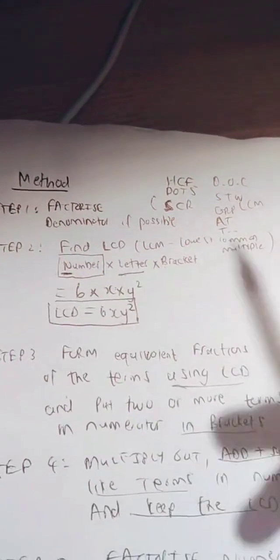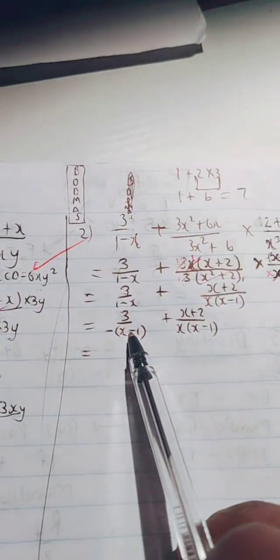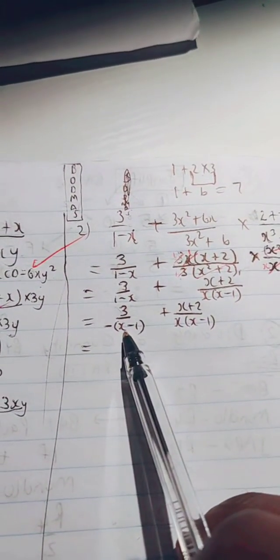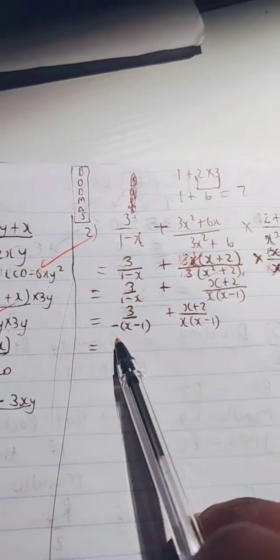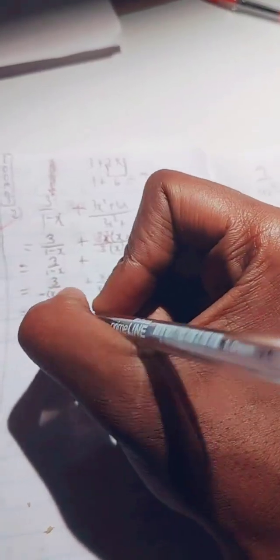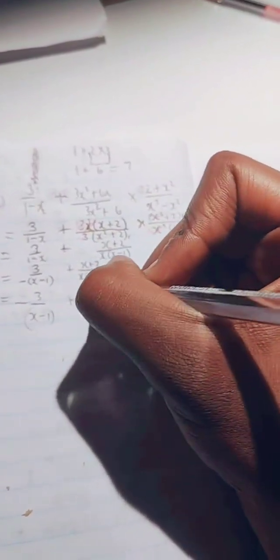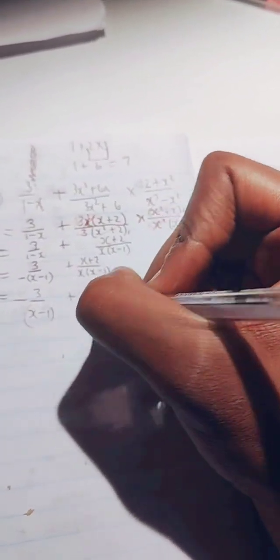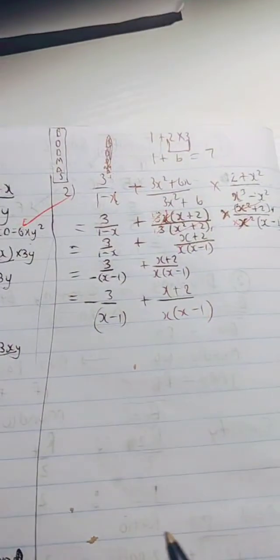Okay, but before we do that, we just need to make sure that the denominator does not have any negative sign. So 3 divided by something that is negative will give us negative 3 over x minus 1 plus x plus 2 over x into x minus 1.